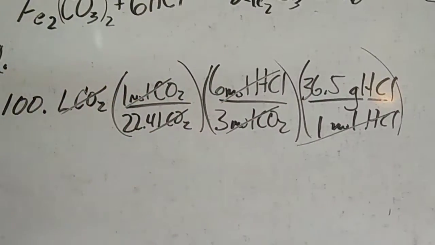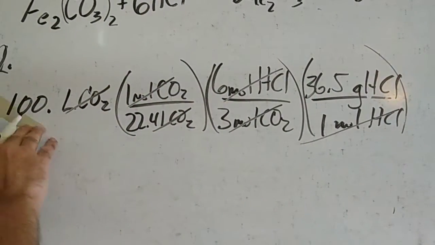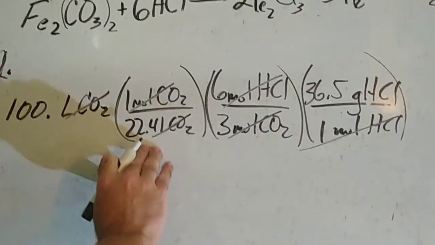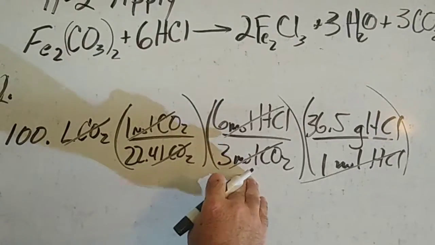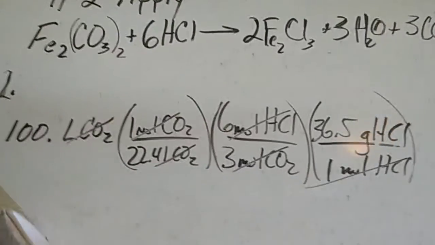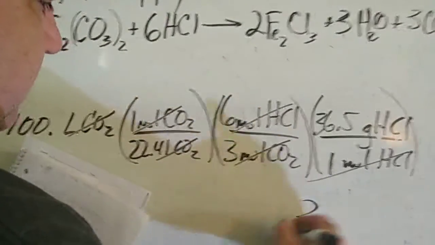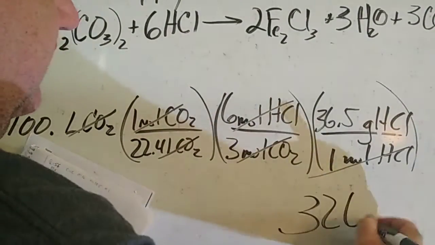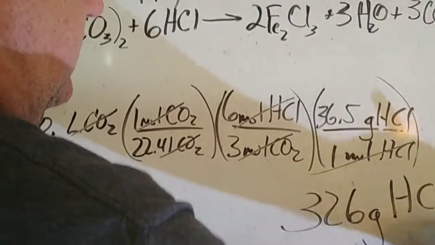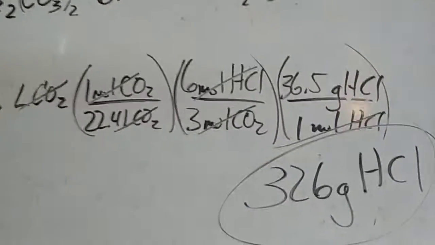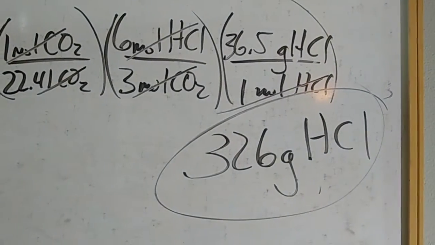Those cancel out. I've canceled everything else out. I go 100 divided by 22.4 times 6 divided by 3 times 36.5. And 3 sig figs in your answer. You should tell me that you're going to get 326 grams of HCl. Circle it. That's number 2.